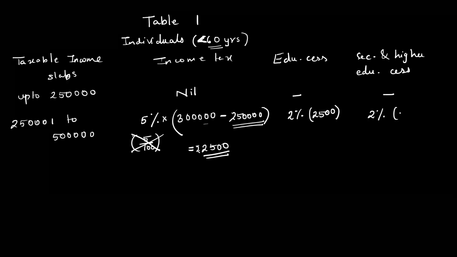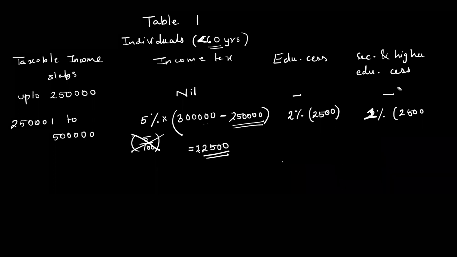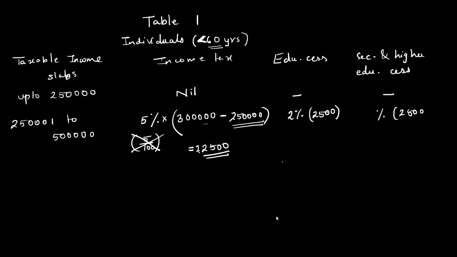Sorry, my mistake. It's just 1%. I'll just erase this. Okay, so it is 1%. That is 1 upon 100 of 2,500.